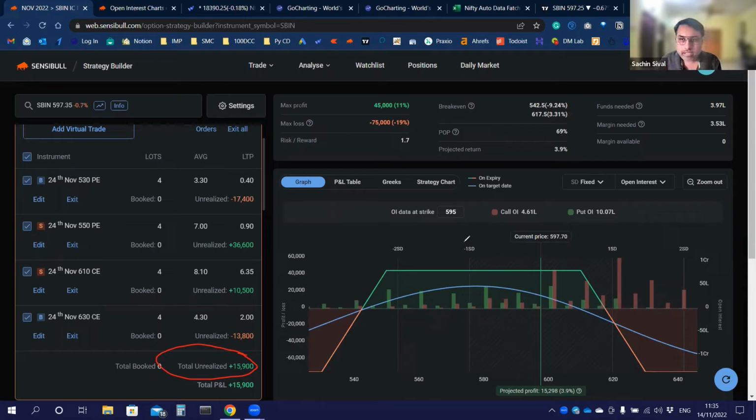If you know the entry and exit rules and the adjustments, but not when to initiate them, I don't think you or anyone can make money in this market.